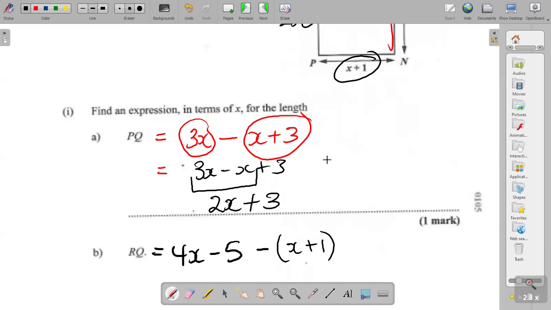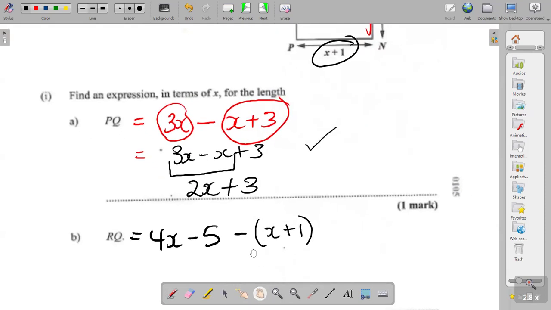Do you think that this is correct? No, it's not. You make a mistake, and that's why I wrote this like this. Did anybody realize there's a difference in how I wrote this? Students make this mistake all the time.